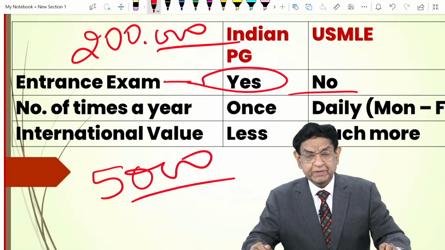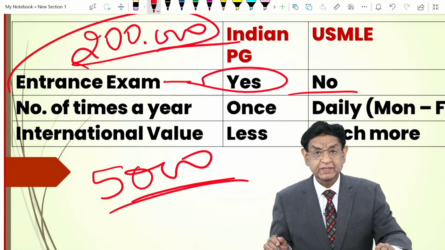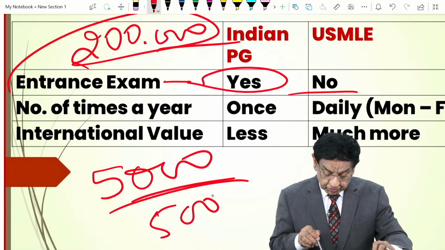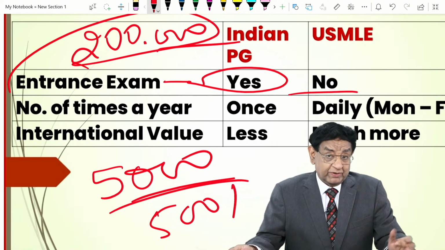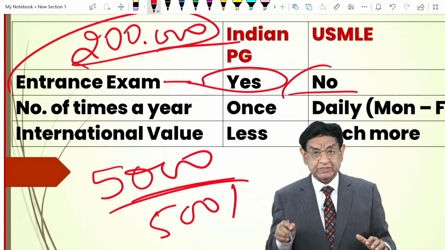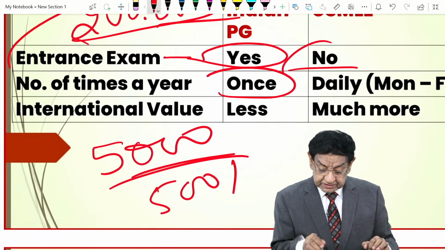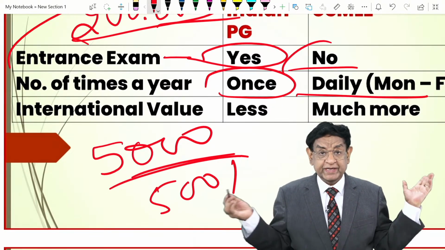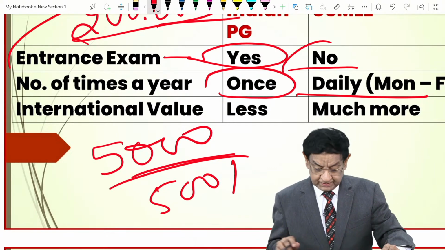Derma, radio, medicine, surgery, pedia: 2 lakh people, 5,000 seats. Even if you get rank 5001, you may not get a good college, although you are a very good student. But not like this, you have to beat yourself. Number of attempts: daily, Monday to Friday, very easy. Whenever you are ready, you take the exam.